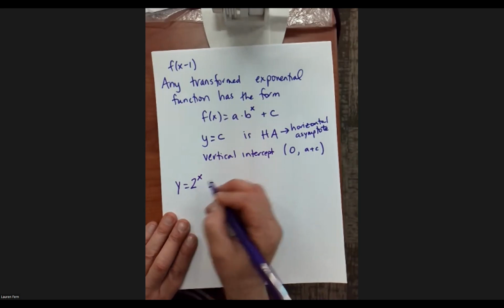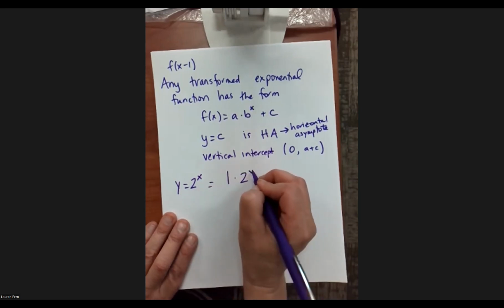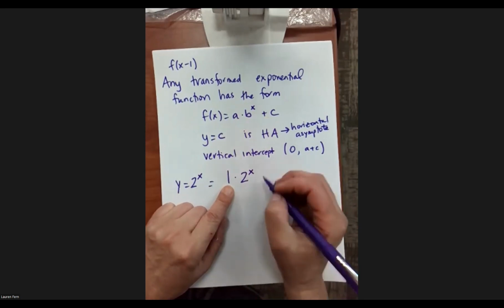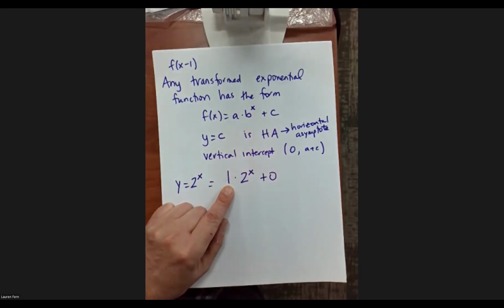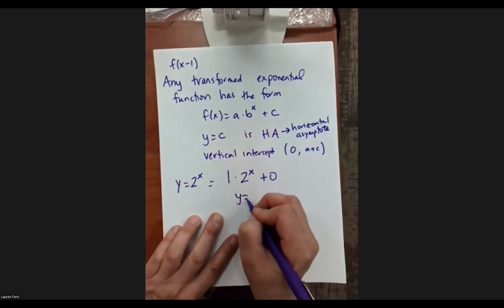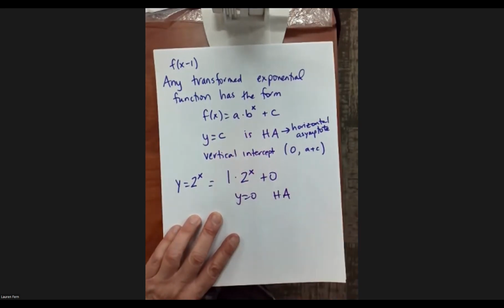Let me show you how that translates to what we just did. If I take 2 to the x, I think you grant me, if I was to write it out in this form, I would say that's 1 times 2 to the x plus 0. Do you all agree we got y equals 0 to be our horizontal asymptote?